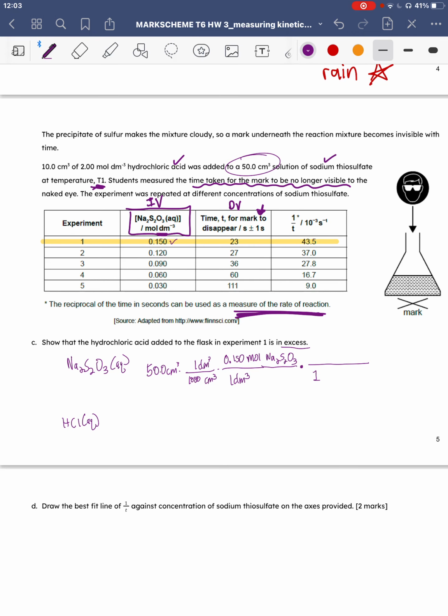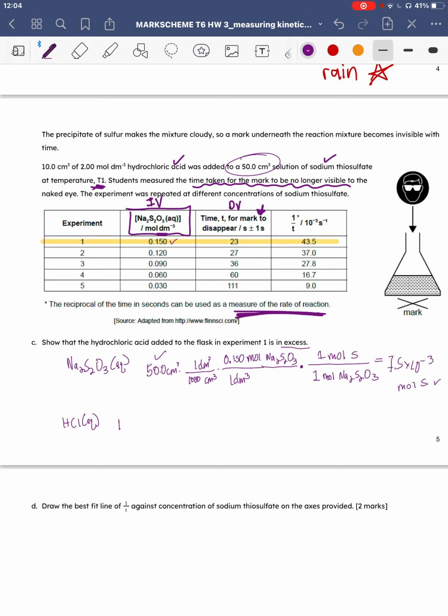So 1 mole Na2S2O3 and 1 mole S. And so that is equal to, give me one moment here to do this math, 50 times 0.15 divided by 1,000 equals 7.5 times 10 to the negative 3 moles of S. So if all of Na2S2O3 reacts, this is how many moles of S I'll produce.